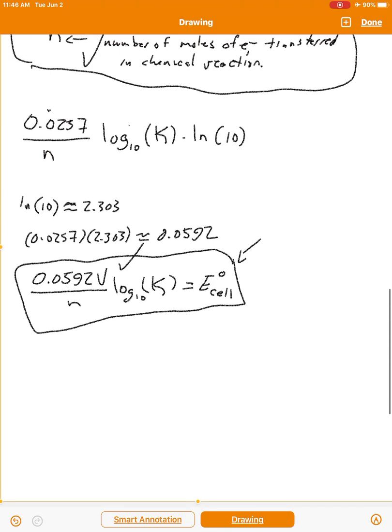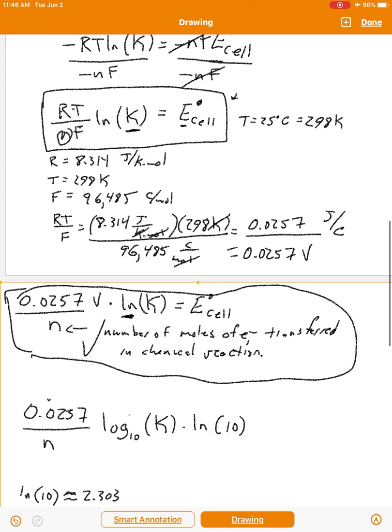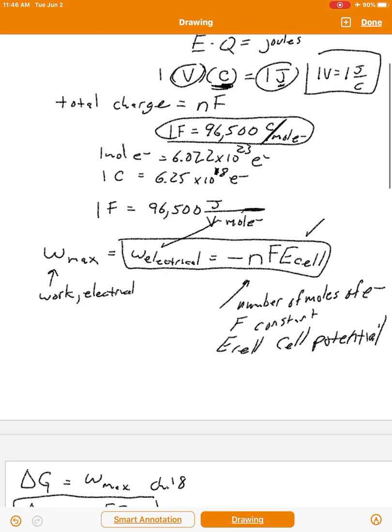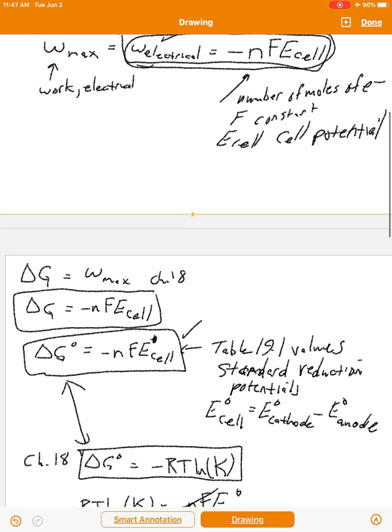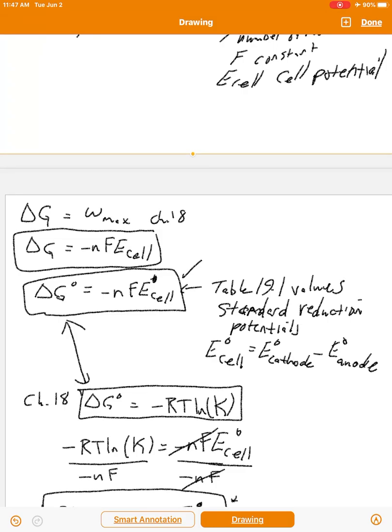The one thing I would say, notice in this discussion that we're wrapping up here, it's a lot of new definitions and such. The important ones, I would claim, are this one right here, the maximum electrical work. The maximum electrical work, of course, is the standard free energy, or the free energy change.